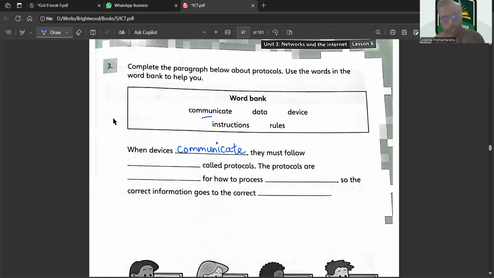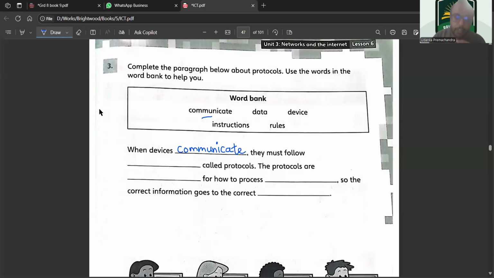So the first blank should be communicate. When devices communicate, they must follow what? They should follow rules.